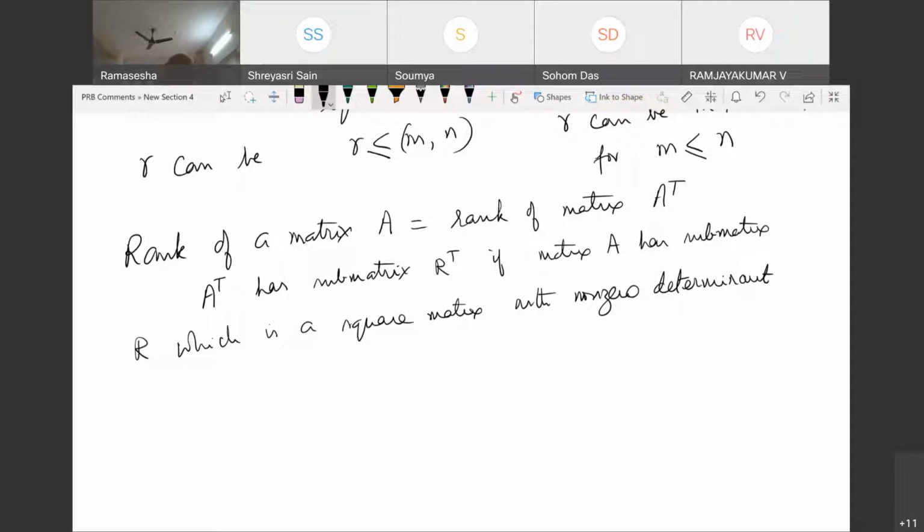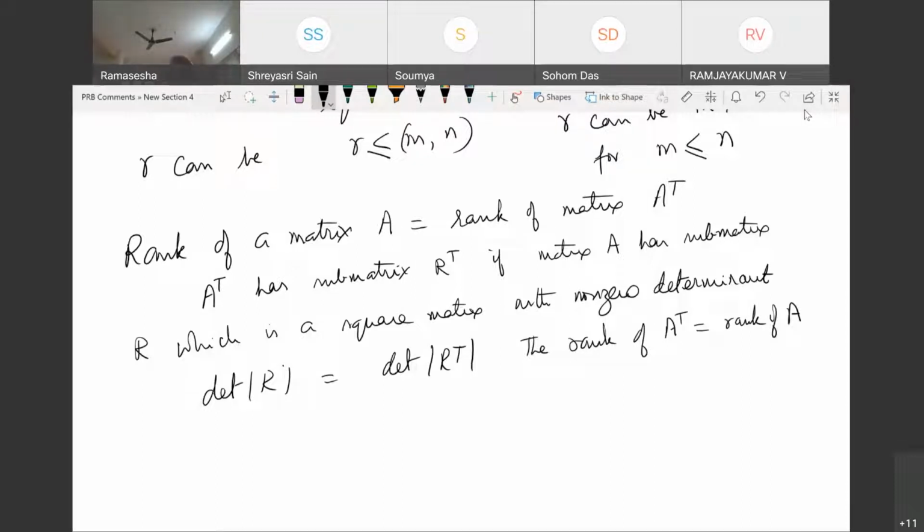Because A transpose has a submatrix which is R transpose, and since determinant R is equal to determinant R transpose, the rank of A transpose is equal to the rank of A. So the ranks are the same, whether you take A or A transpose.